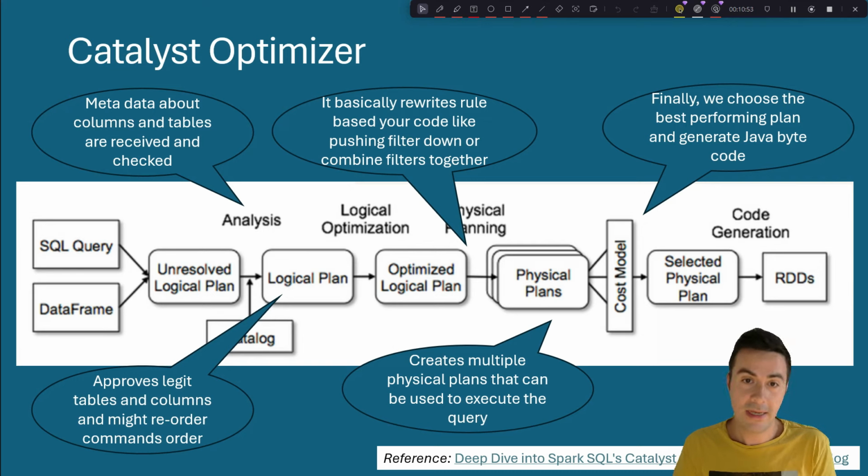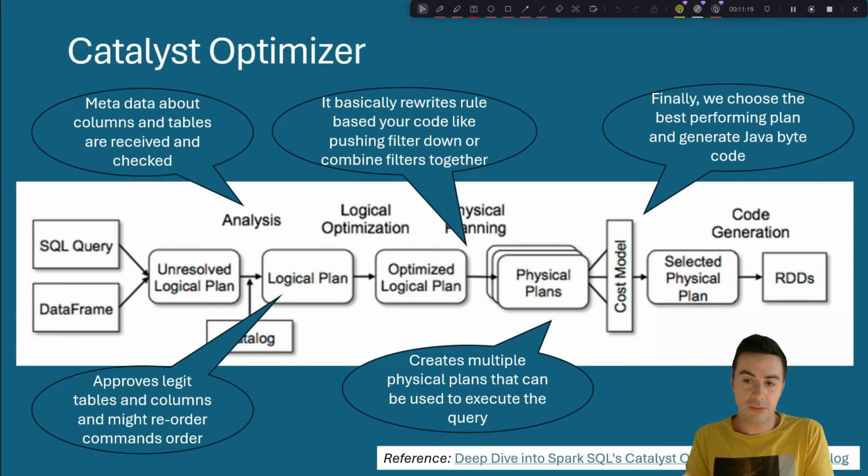This is happening rule-based, so your code is basically rewritten, you could say. One example is predicate pushdown, for instance. Filters are pushed down and filters are combined together because Spark thinks it's more efficient for you. And then it creates multiple physical plans that can be used to execute the query.